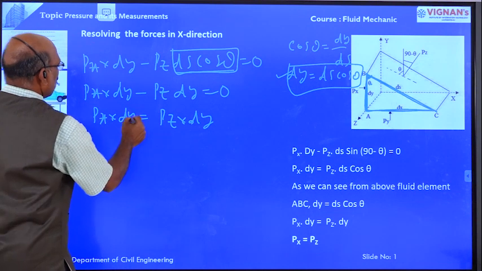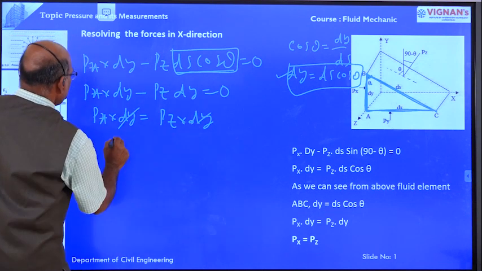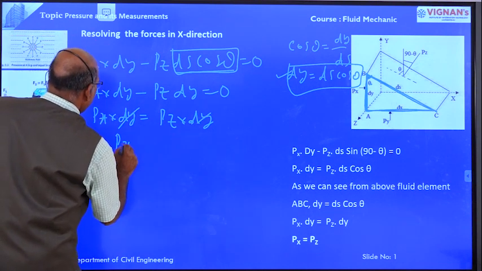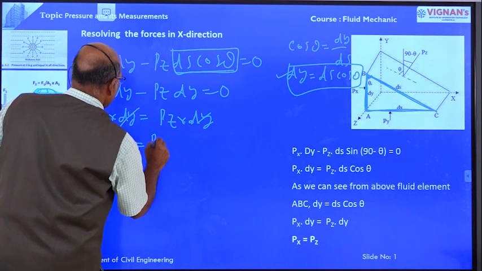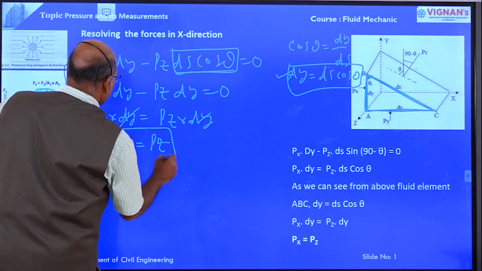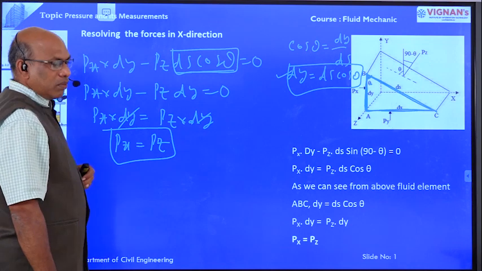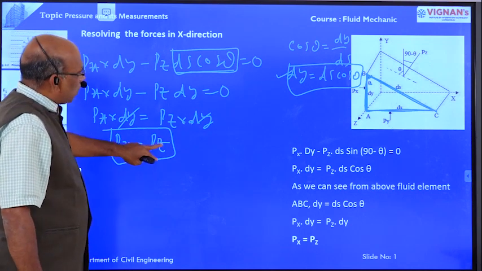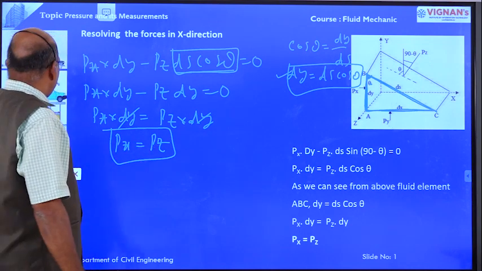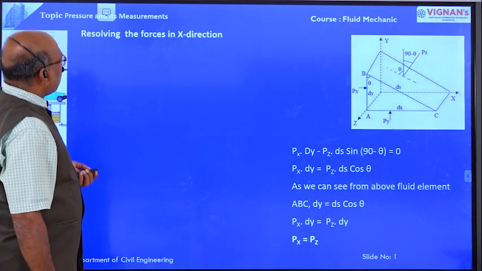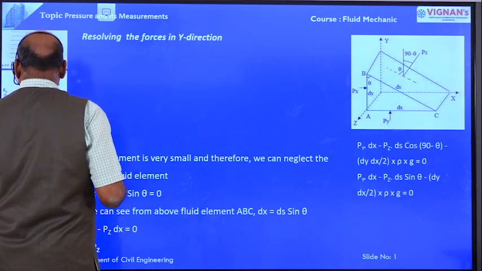Now dy gets cancelled. Therefore Px is equal to Pz. This is one relation, right? Px is equal to Pz. This is one relation.